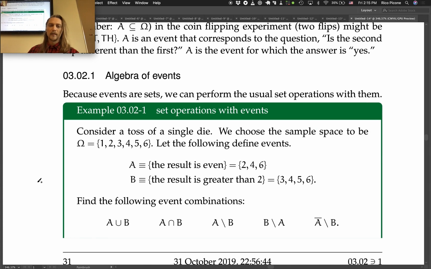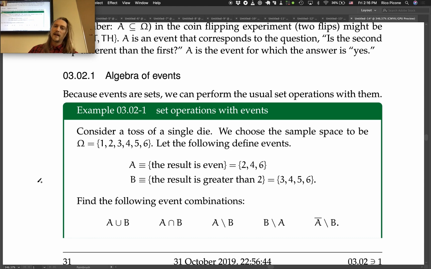Do a little example here. Consider a toss of a single die. We choose the sample space to be 1, 2, 3, 4, 5, 6, a single six-sided die. Let the following define events. A is defined as the set where the result is even, so there are three possibilities: 2, 4, or 6.